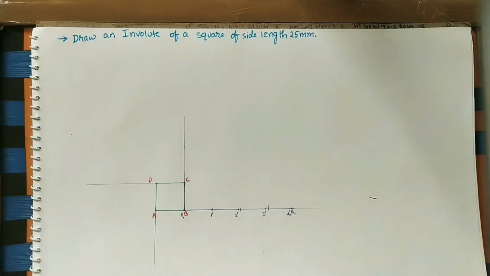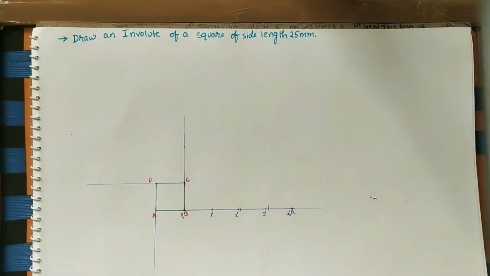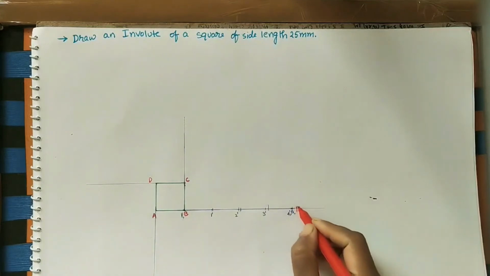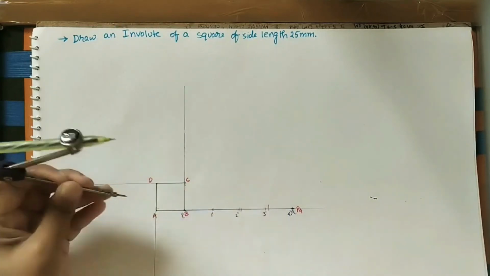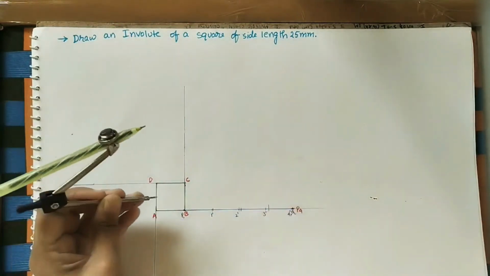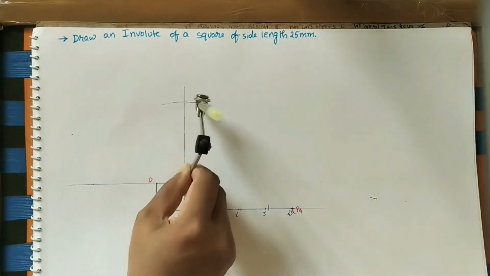Now we need to measure the length of the radius, P2 to 4 dash, with the help of the compass. We measure P2 to 4 dash, that we already cut. P2 to 3 dash is the radius and C is the center; we cut it.